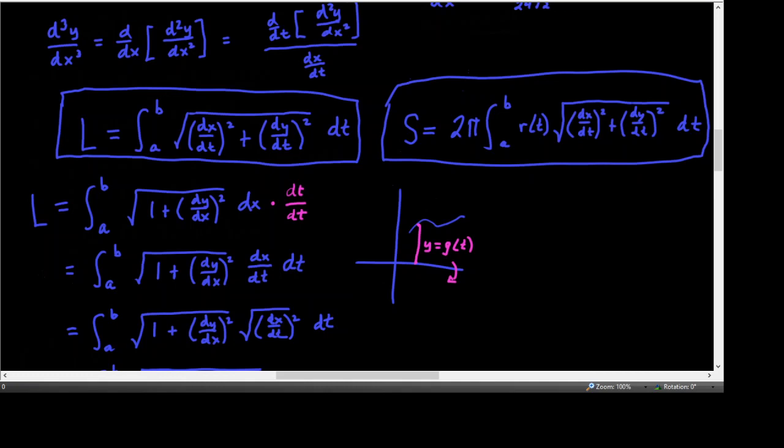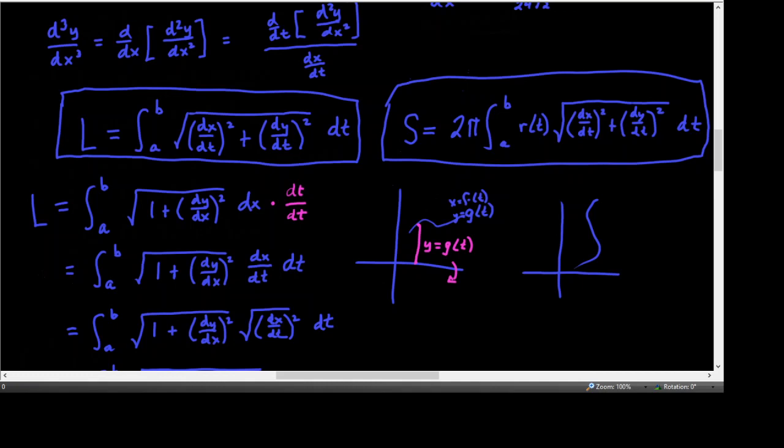On the other hand, if, for example, we revolved something about, let's say this is, relabel this up here, this was g of t, is the y. Well, it's actually both. It's parametrically defined. So it's x equals f of t, y equals g of t.